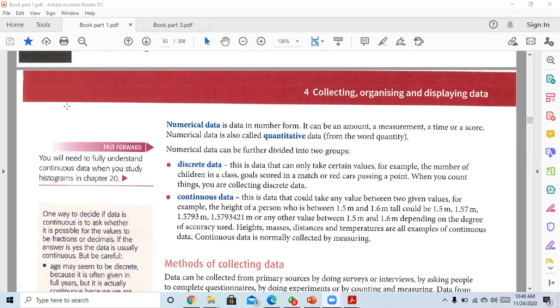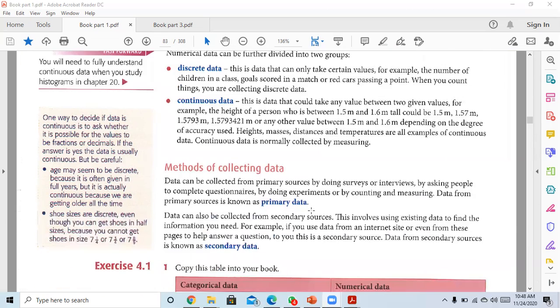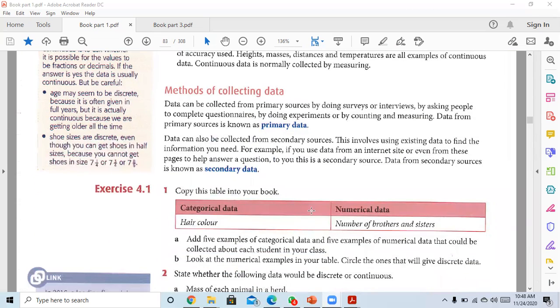This type of data is called continuous, like 1.5793. We are not sure, maybe there are many more numbers, so we just take what is required, like height, mass, distance, or temperature, because these things change. These are continuous data. There are two methods of collecting data: the first is called primary data, and the other is called secondary data.